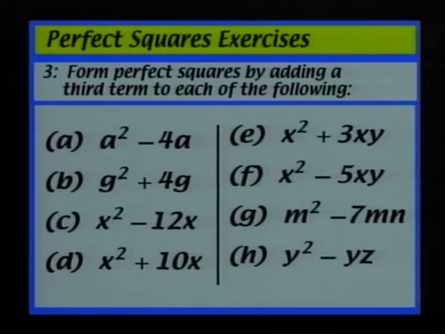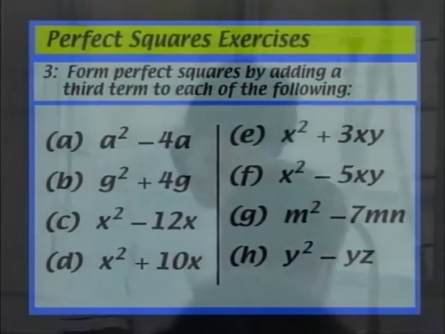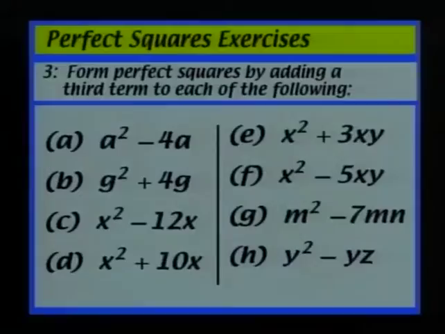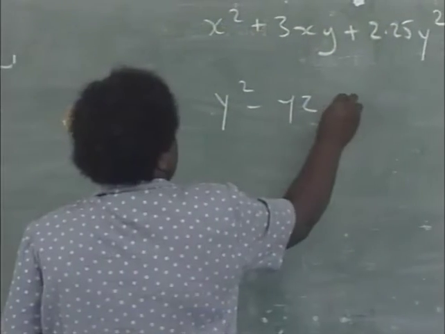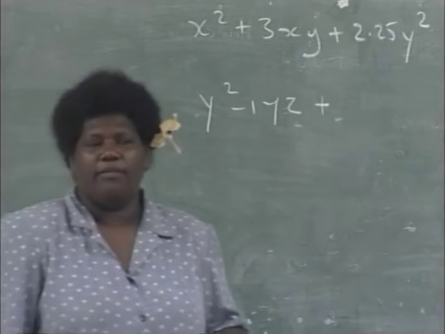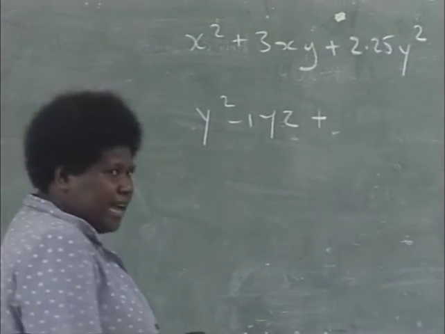Letter H, Megan. You were absent. Siegfried. Y squared minus yz plus, okay, remember this is 1. What is half of 1? A half.